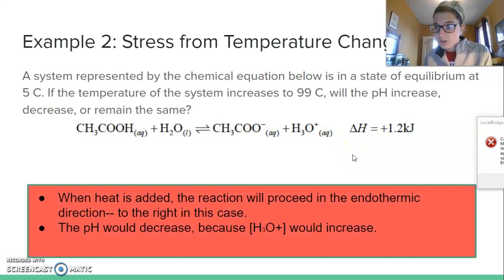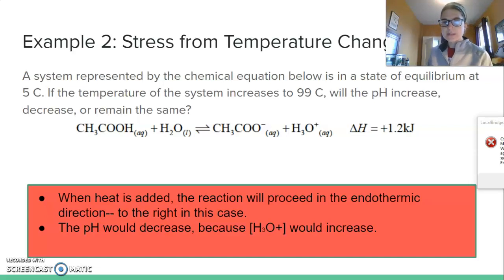The pH would lower because the hydronium ion concentration is increased. The pH decreases because the system becomes more acidic. When heat's added, the reaction again proceeds the endothermic way, to the right in this case. You can often see this in a color change. In a lot of acid and base reactions, we use something called universal indicator or acid-base indicator that is basically a color change based on pH.